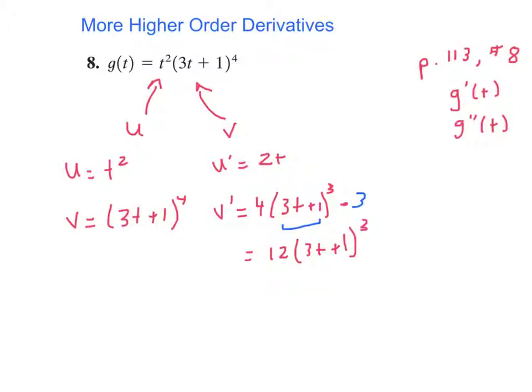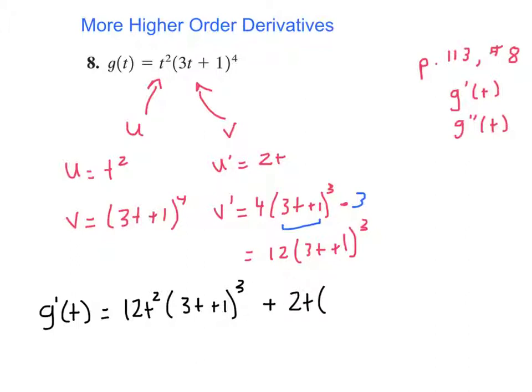And then to do the product rule on this, to get g prime of t, we have u times v prime, which would be 12t squared times 3t plus 1 cubed, plus, then we do v times u prime, which would be 2t times 3t plus 1 to the fourth power. And this is the first derivative.